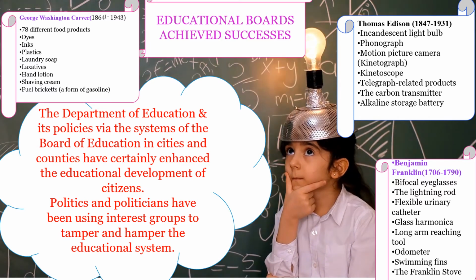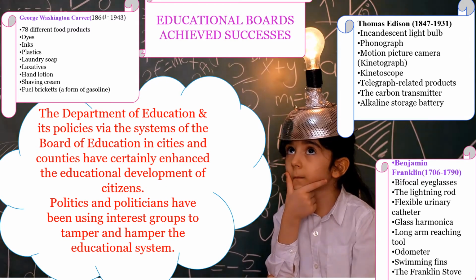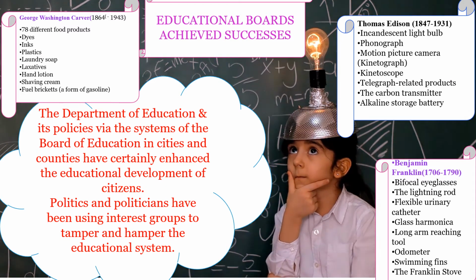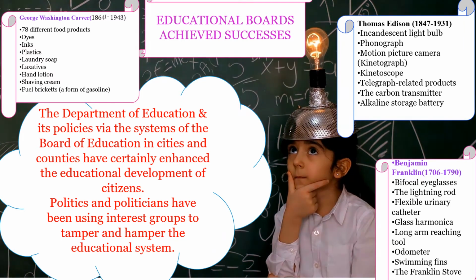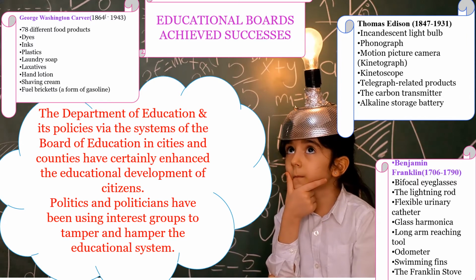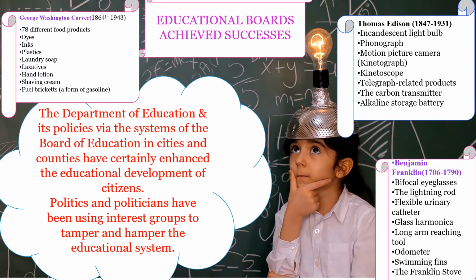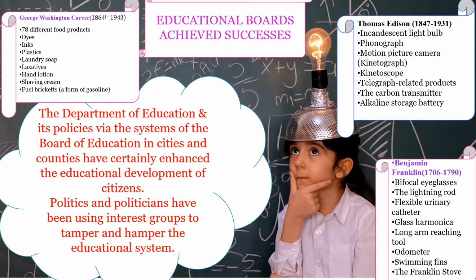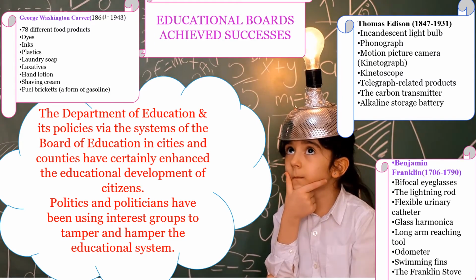And then we will be looking at George Washington Carver, who invented 78 different food products, dyes, inks, plastics, laundry soap, laxative, hand lotion, shaving cream, fuel briquettes, a form of gasoline.